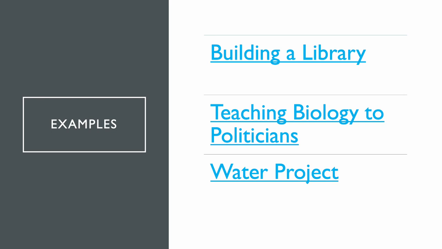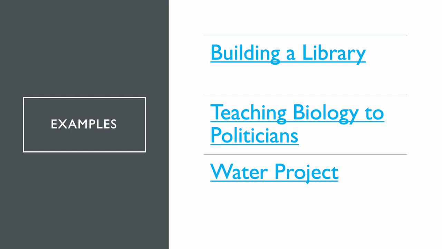They had each grade be a different part of the planning team of this library. Some of them were in charge of organizing, some of them were in charge of layout, some of them were in charge of cataloging. They all played a role in building this library that served as a major cornerstone of their community.